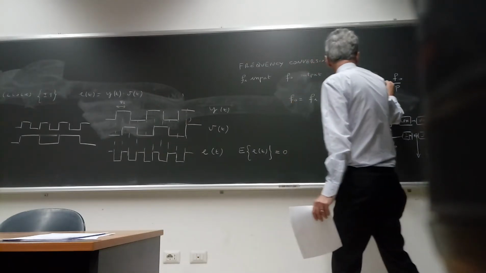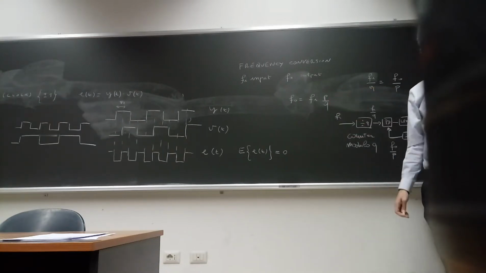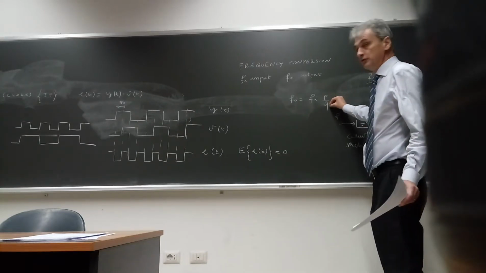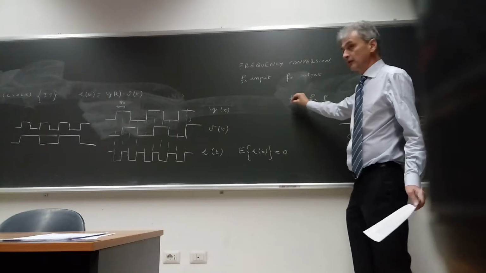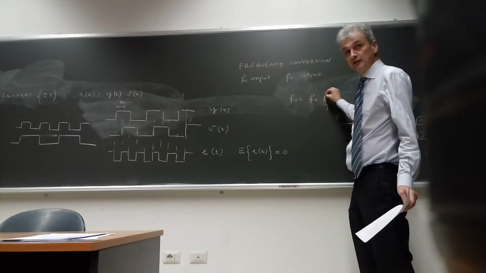And you see, in this case, Fo is said to be synchronous with Fi because it is derived from Fi by frequency division in this way. So it is exactly, I don't know, 3/4, for instance. If P is equal to 3 and Q equal to 4, you get here a frequency that is exactly equal to the input frequency times 3/4.